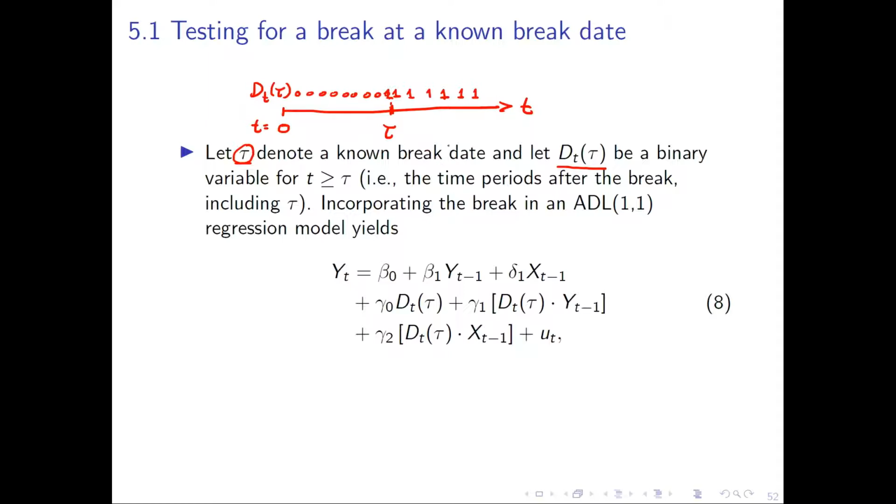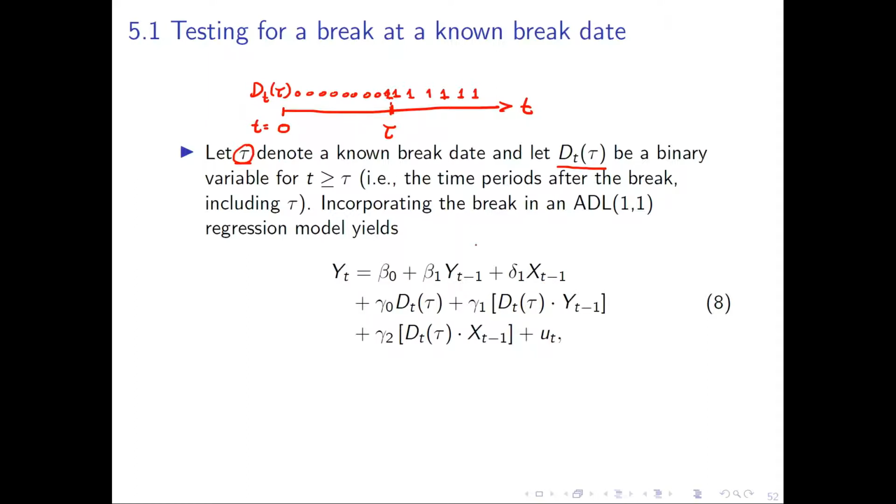And as an example, we have the autoregressive distributed lag model (1,1), which means that we have 1 lag of the y variable and 1 lag of an x variable.